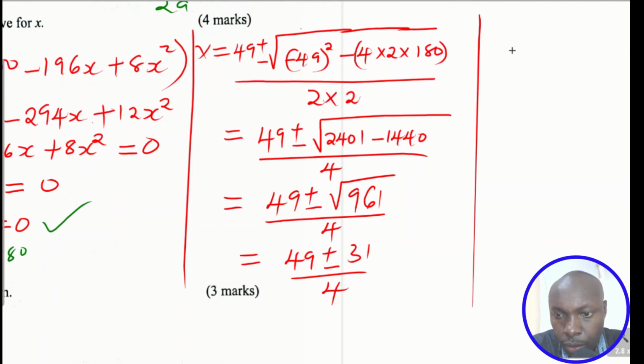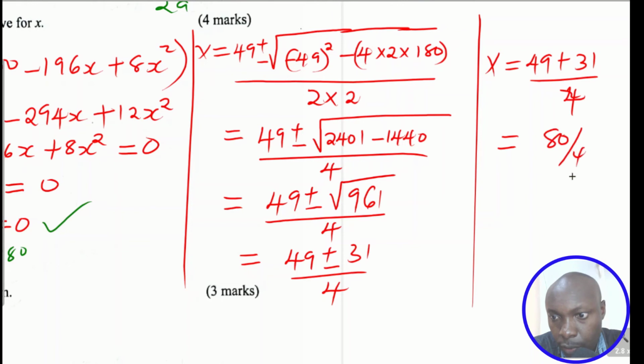So therefore the first value of x will be given by 49 plus 31 divided by 4, and this will give 80 divided by 4. So the first value of x is 20.